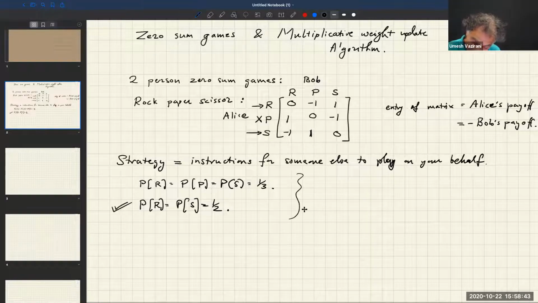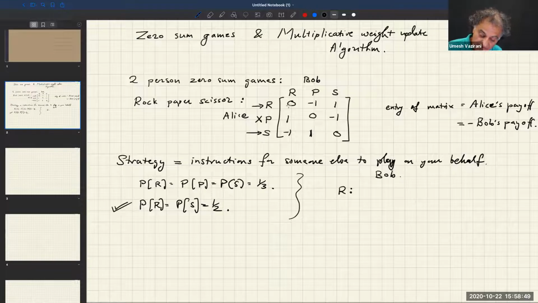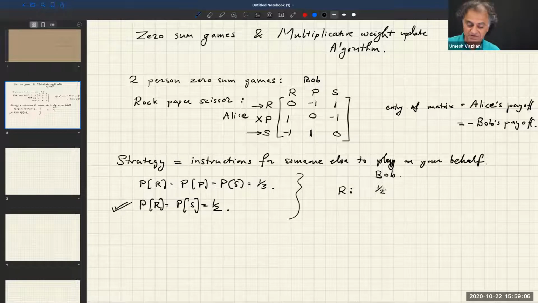So now from Bob's viewpoint, if Bob were to play rock, then with probability 1/2, he would win 0, and with probability 1/2, he would win 1, right? He'd lose -1, which is winning 1. So Bob's expected payoff is 1/2, because with probability 1/2, you get payoff of 1.